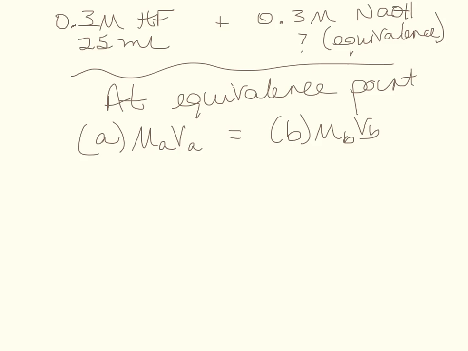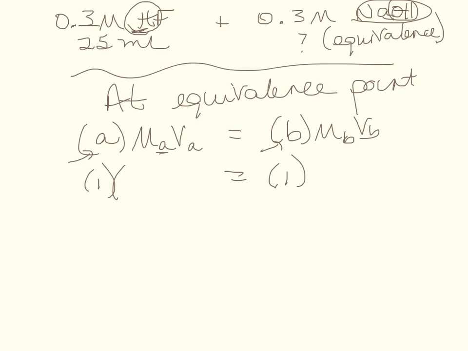All right, so little a and little b simply mean how many hydrogen ions or how many hydroxides are in the substances you're working with. And in both cases, hydrofluoric acid only provides one hydrogen ion per molecule, and sodium hydroxide only provides one OH per unit. Okay, so let's just plug in.